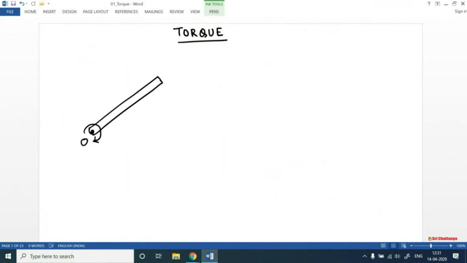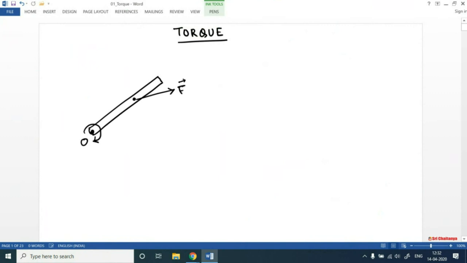in rotating this door are where we must apply that force and at what angle we are applying that force. Let's say, for example, the point of application of the force is here, and we are applying some force in this direction.